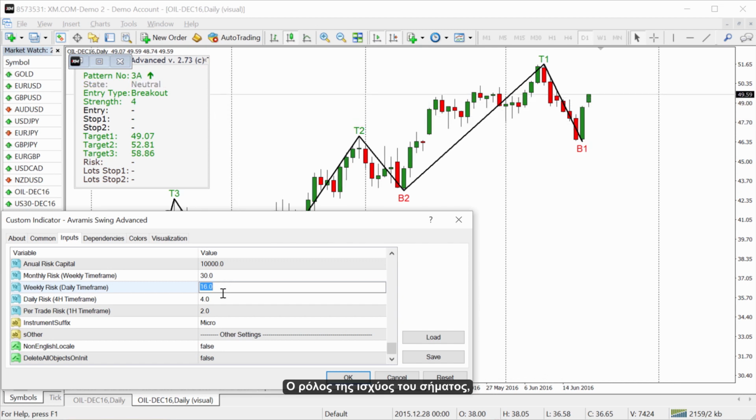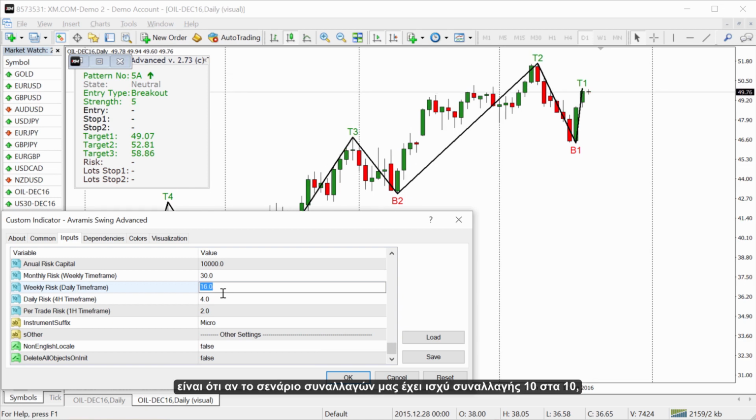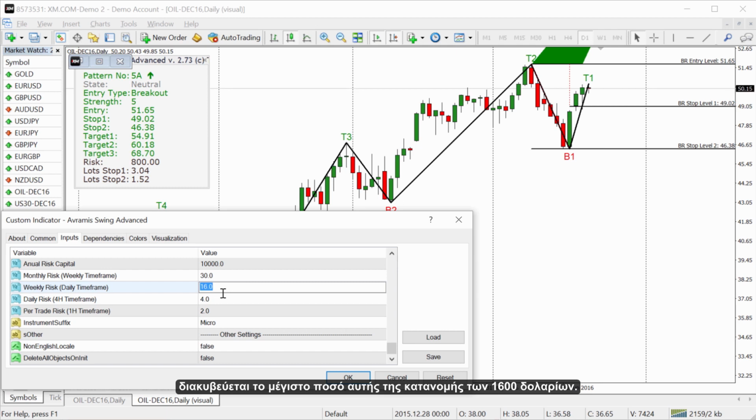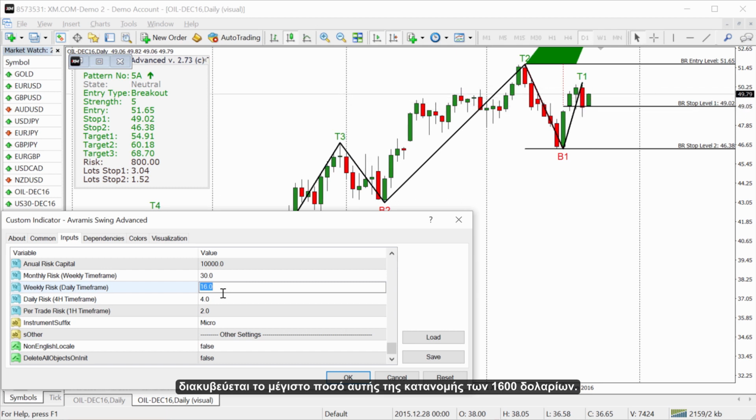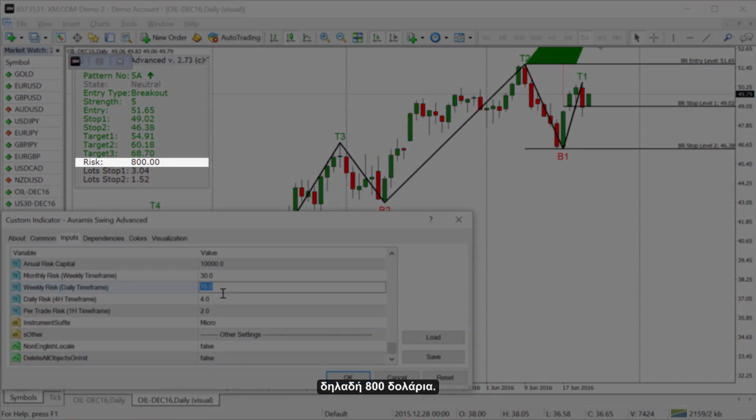One way that is affected by the strength of the signal is that the maximum allocation of $1,600 will be risked if our trading scenario has a trading strength of 10 out of 10. If, for example, our trading setup is 5 out of 10 trading strength, then the trade is allowed to risk a maximum of 50% of that 16%, or in other words, $800.